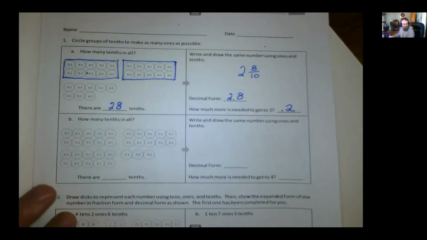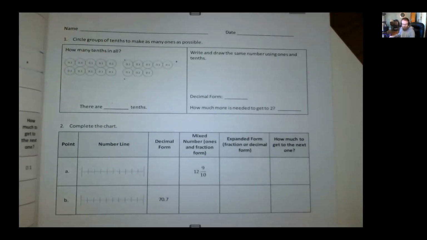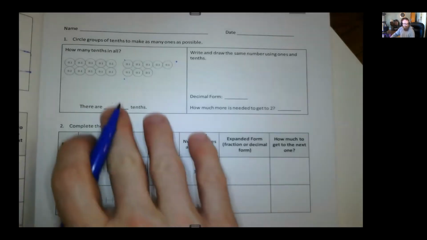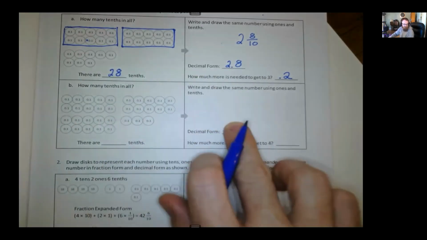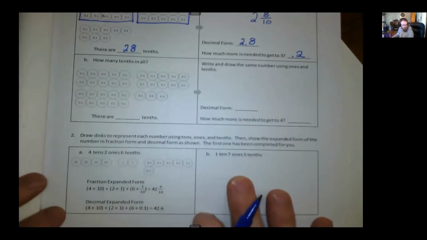Make sure you're paying attention and following along, because this work is very similar, in fact, exactly the same as the work we're doing on our exit ticket. So make sure you're following along carefully. Let's look at number 2. I want you to try to do part B here by yourself, and you'll see it again on the exit ticket.